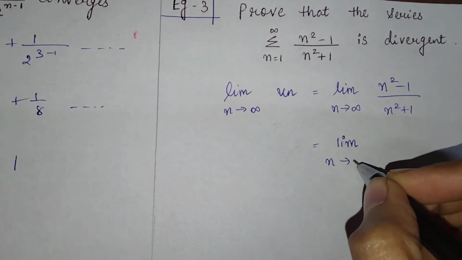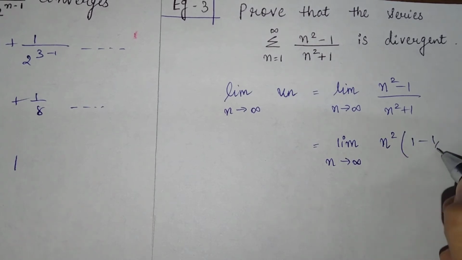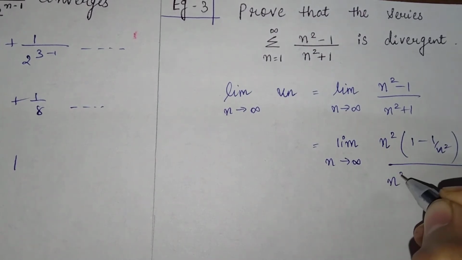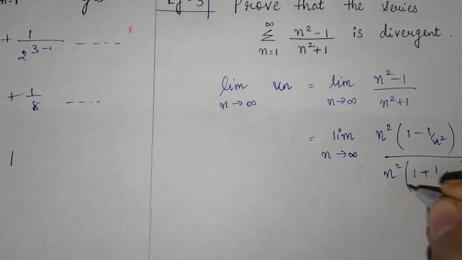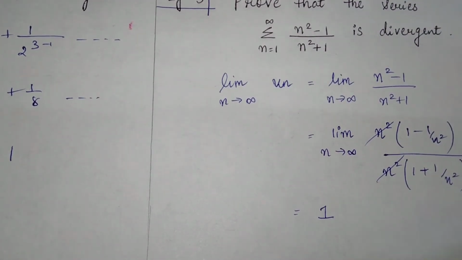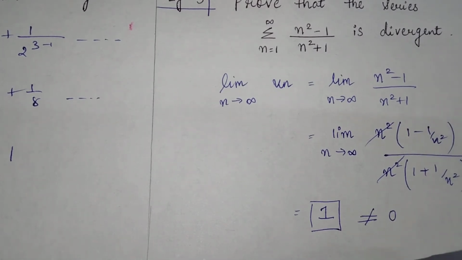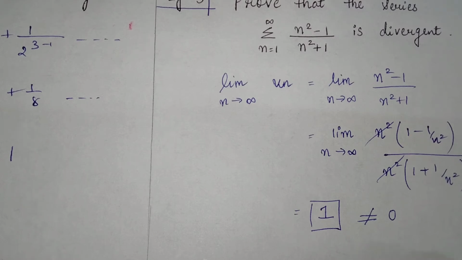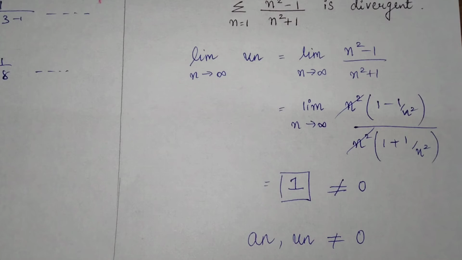If we take n square common from the numerator and denominator, we will get this, and both will get cancelled, and if I substitute the limit here, then I will get 1. And as 1 is not equal to 0, that is un is not equal to 0, we can directly say that the given series is divergent according to the nth term divergence test.